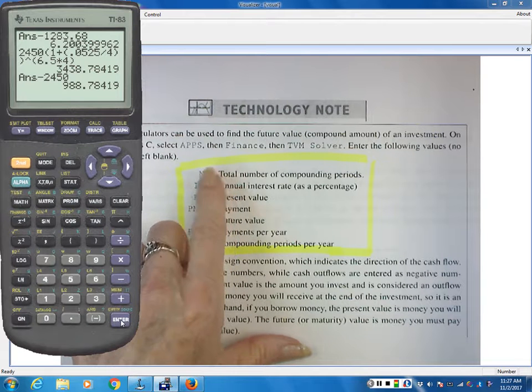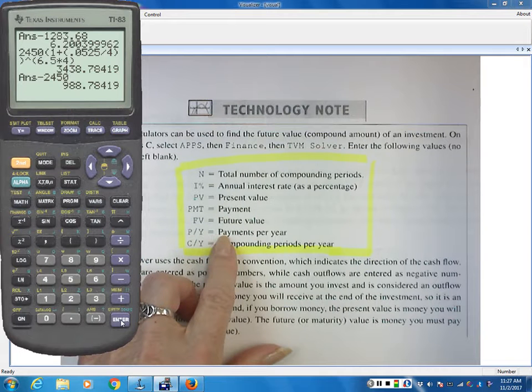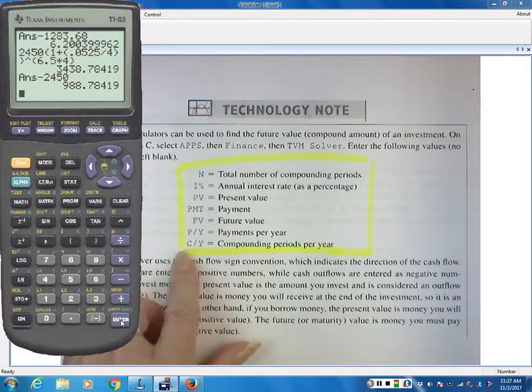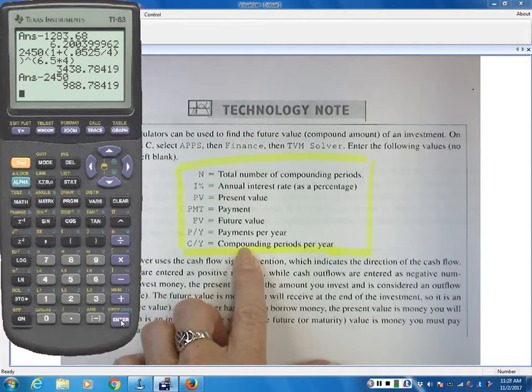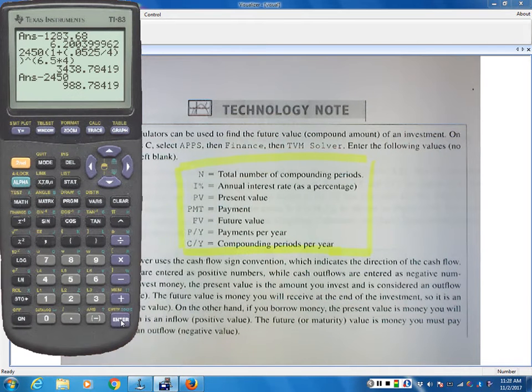You may not know the payment. You are going to know the payments per year and the compoundings per year because that has to be given to you. You may not know the present value, you may not know the future value, but you'll need to be able to pick out all of those things.